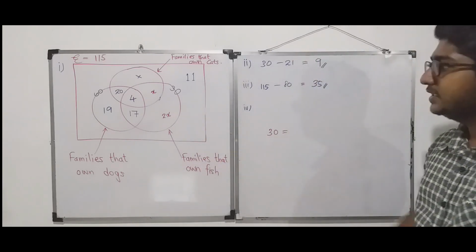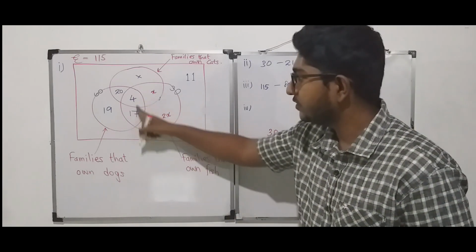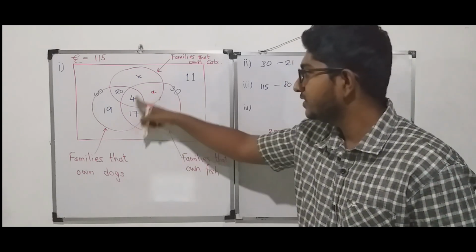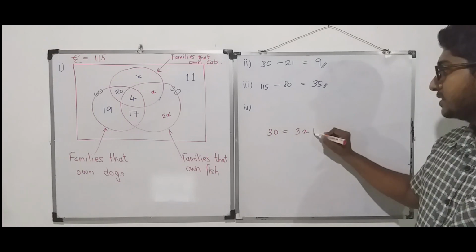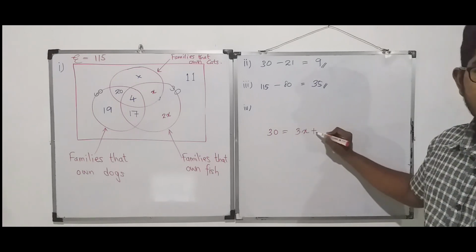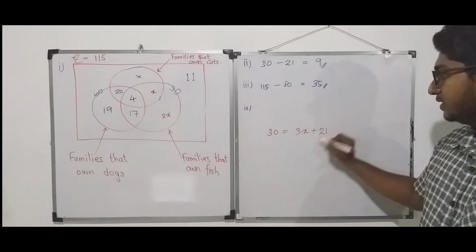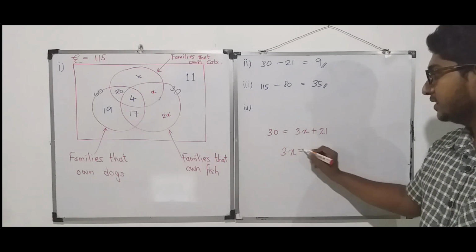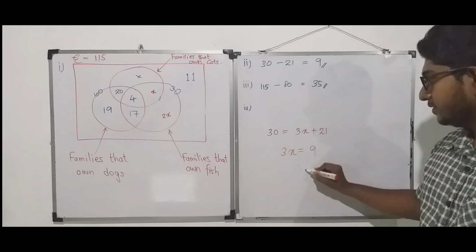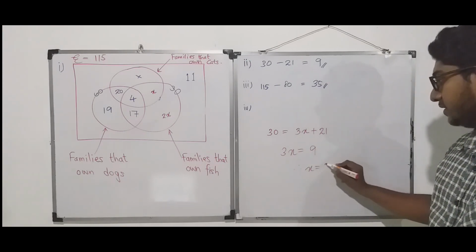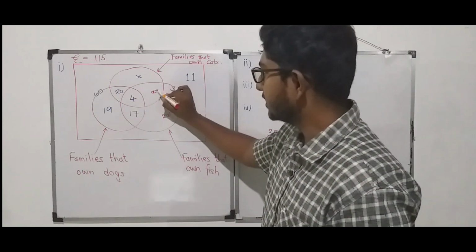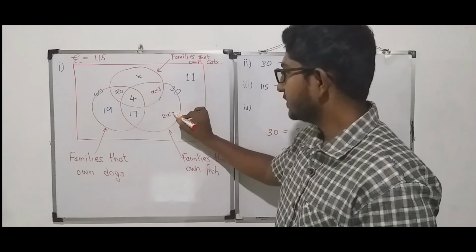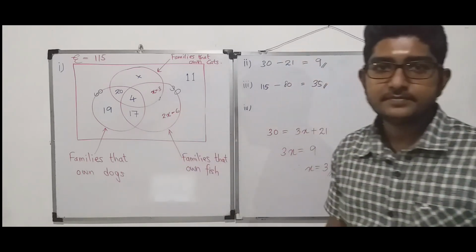So that 30 is equivalent to the 4 numbers we have in these regions, that is x plus 2x is 3x, 4 plus 17, 21. So we have 3x equals 9, which is x equals 3. If x equals 3, I can put 3 here and 6 here.